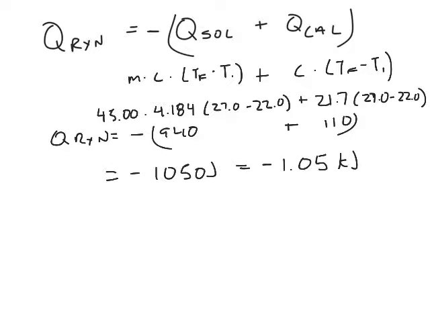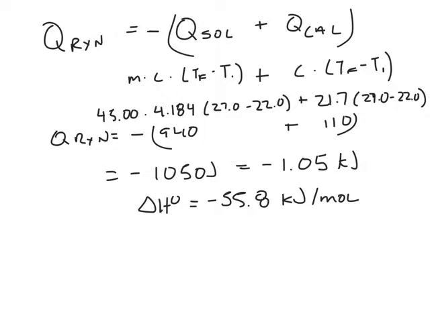And remember to express it in kilojoules because our accepted value for the delta H of neutralization, which is what we're trying to find here, is negative 55.8 kilojoules per mole.